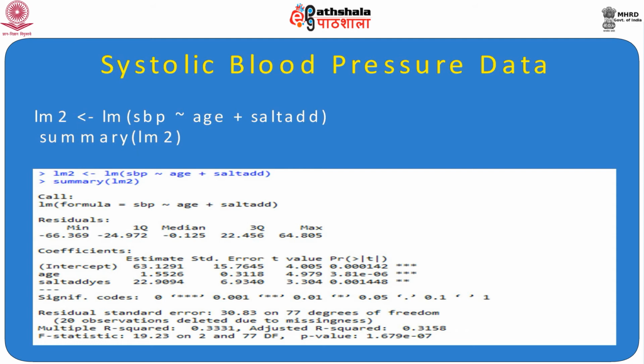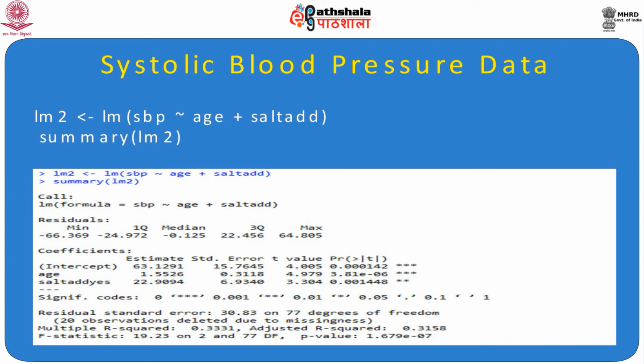Salt intake is given as salt add with yes or no. No was categorized as 0 and yes is categorized as 1. So salt add yes also has a positive association with systolic blood pressure, and the estimate is positive at 22.99.